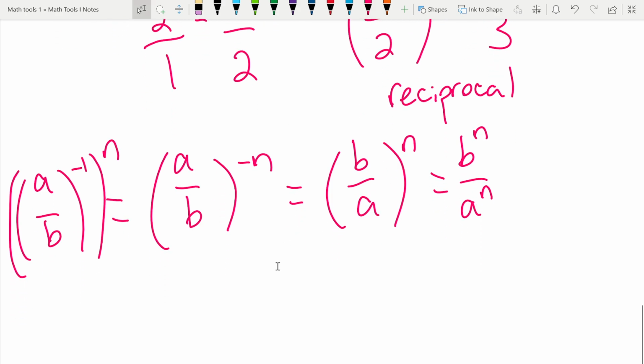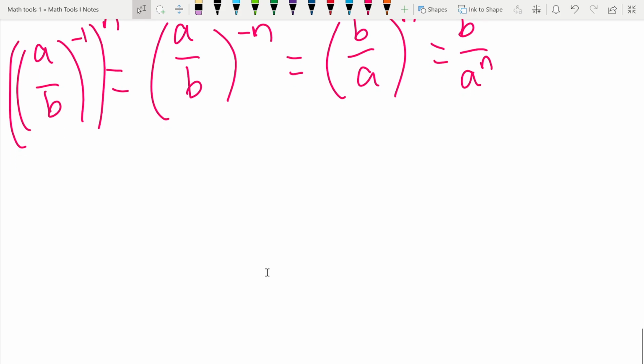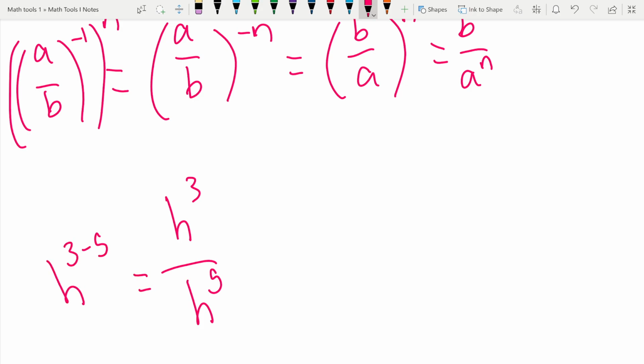One way that we can see this definition come to light is through the quotient rule. If we look at h to the 3rd over h to the 5th, for example, on one hand, we get h to the 3 minus 5, which is h to the negative 2.